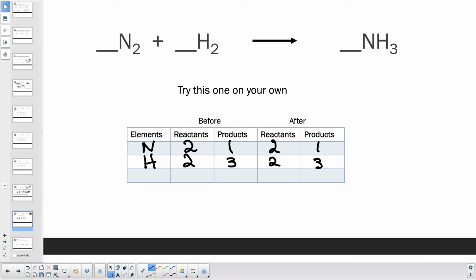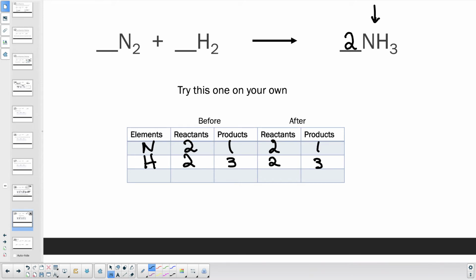Alright, so we have 2 nitrogens on the left, or the reactant side, and only 1 on the product side. So it makes sense that if we go over to the product side, which is right here, we have only 1 nitrogen. The way that we can get to 2 is we can put the coefficient 2.